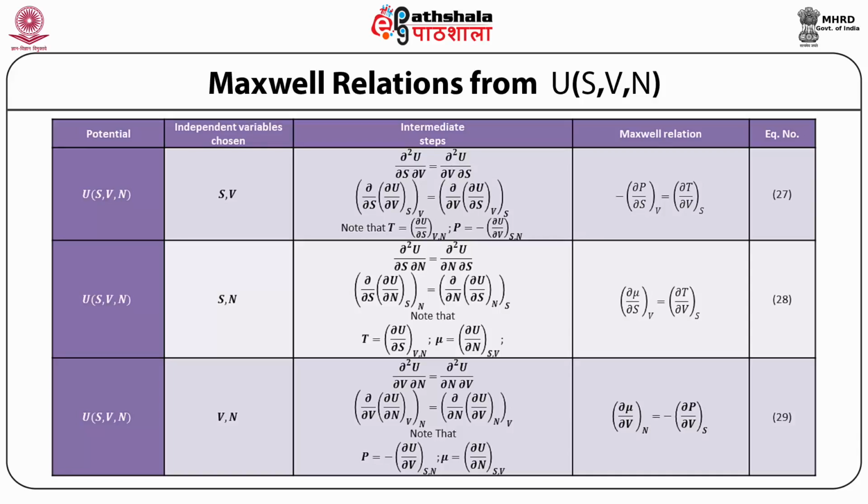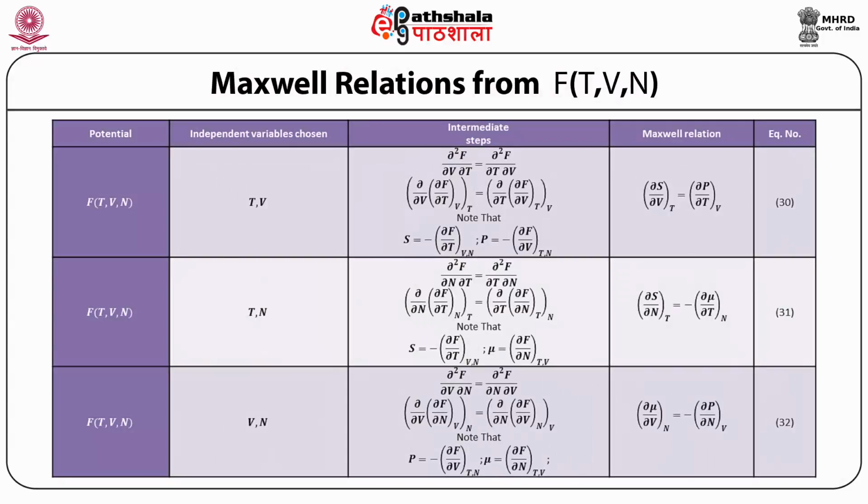Realizing that we need to make a connection between measurable and non-measurable quantities, we can write Maxwell's relations involving the 5 thermodynamic potentials which we have learnt about. For example, the following table gives us Maxwell's relations derived from internal energy.